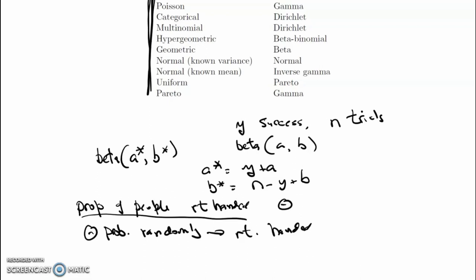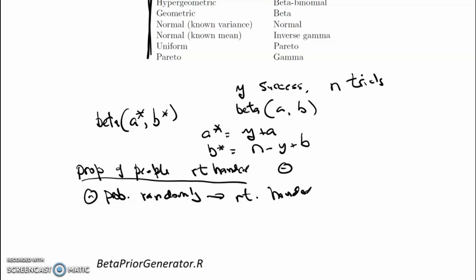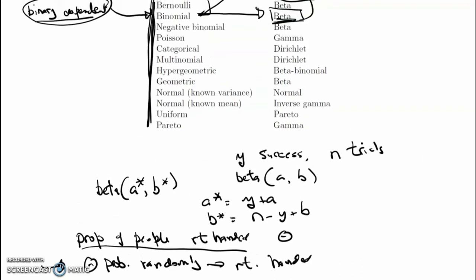So what I know is that if I collect my data on handedness in a way that's consistent with the binomial distribution, that's going to be easy enough to do, then I can specify my prior as a beta, and then I'm very easily going to be able to calculate the posterior.